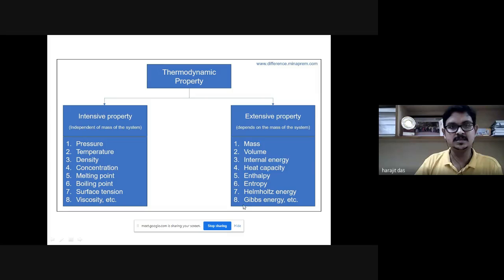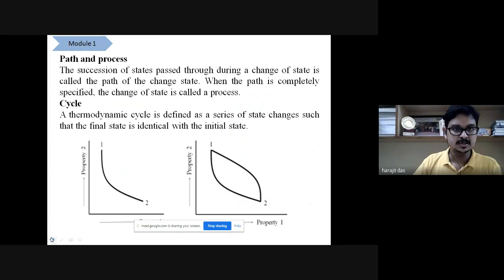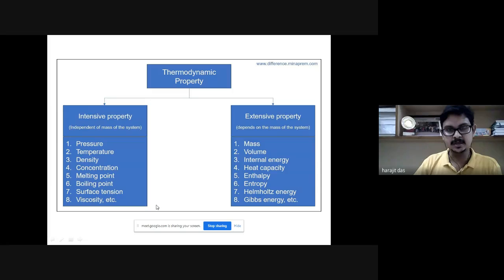Here it is listed as 8 properties, but it may be more. So you need to find out which properties are independent of mass and which are dependent on mass. I think these things are clear to you. So today I will stop here. Whatever we have just studied, you need to study yourself.